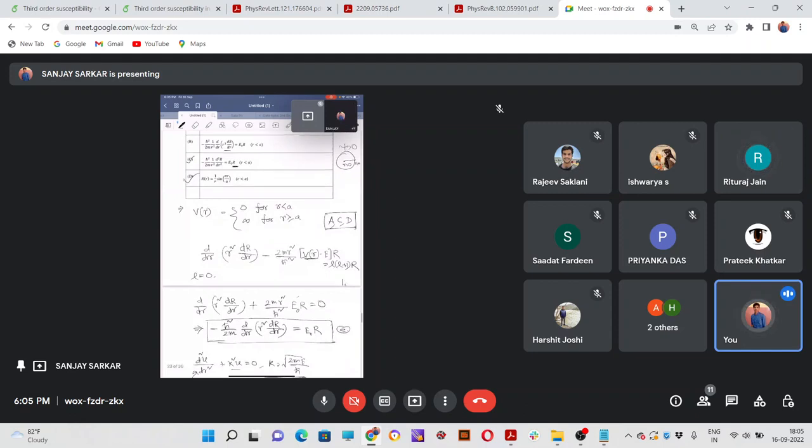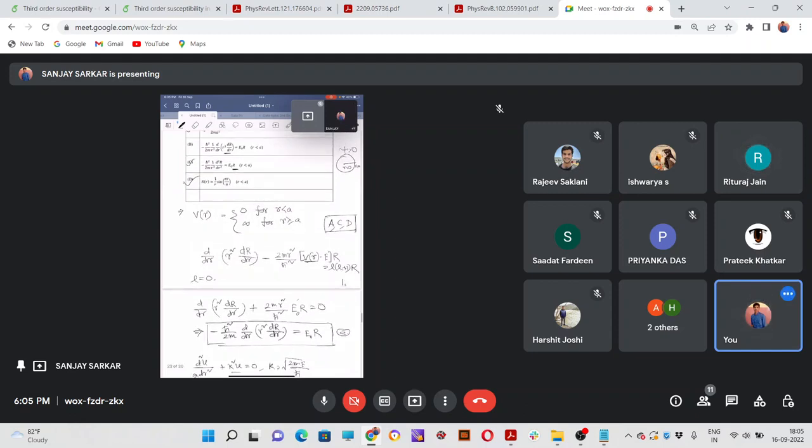Minus h bar square by 2m d/dr. Let me check the wave function, the radial part equation. I might be wrong. So the radial part is minus, yeah, there should be 1 by r square.